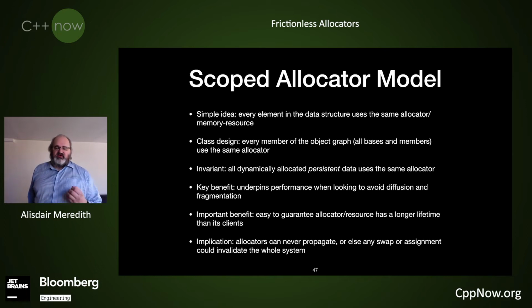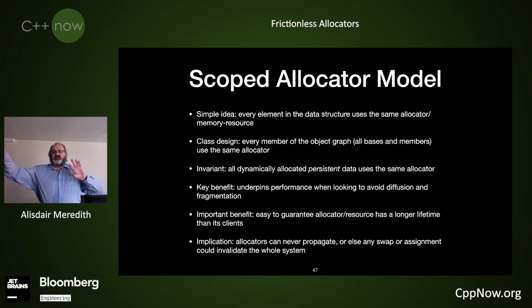But underlying all this, I've not spoken to, and this is probably why I was stumbling over myself, the other key part of the PMR model, what we call the scoped allocator model. And the idea is very simple. Every element in the whole data structure is using the same allocator and memory resource. So that's how we're going to guarantee our locality when we're having everything put in our pools and so forth.